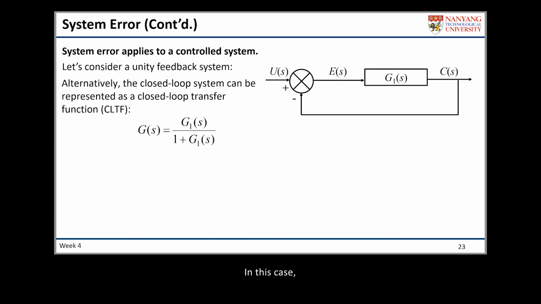In this case, the closed loop transfer function of the system will be equal to G1 divided by 1 plus G1, right? You know how to do this. The closed loop transfer function will be equal to the forward loop transfer function divided by 1 plus the open loop transfer function. So G here is the transfer function of this closed loop system.